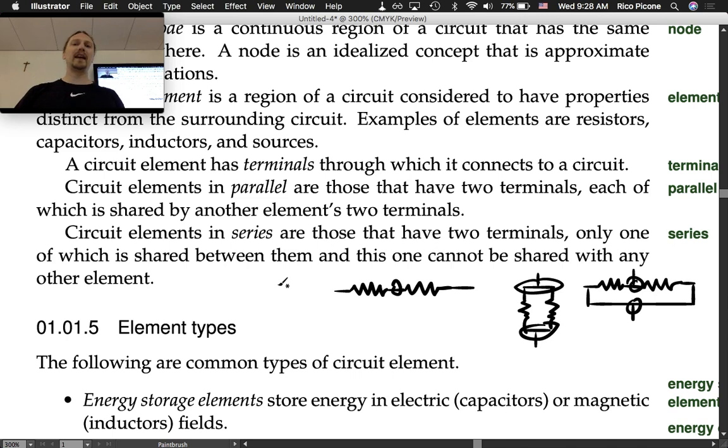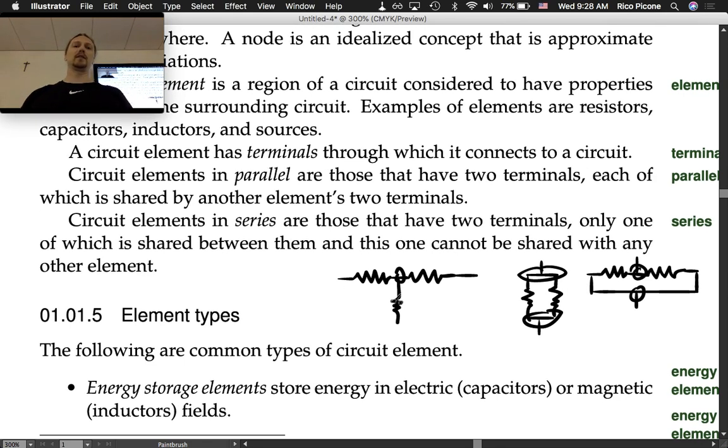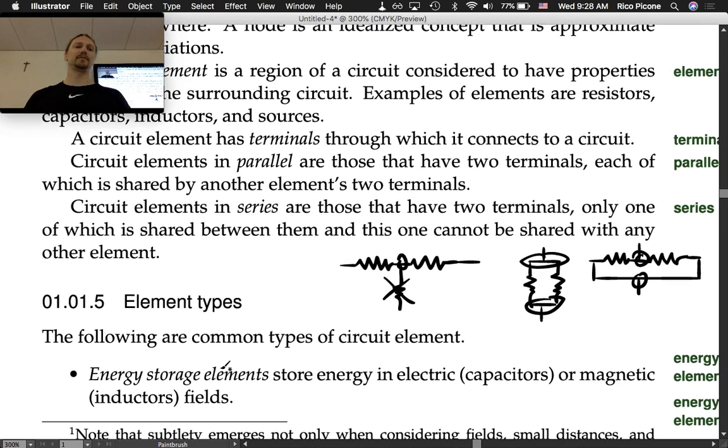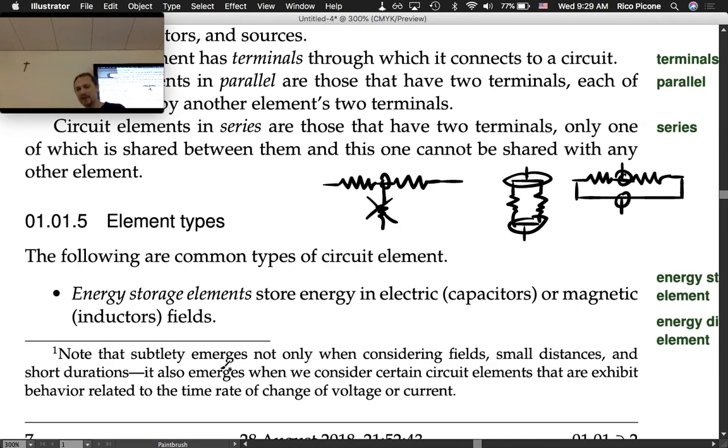And this one cannot be shared with any other element. So if you had another element coming off here, then these would no longer be in series.